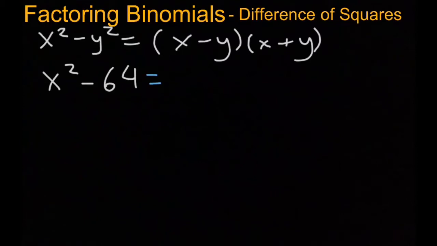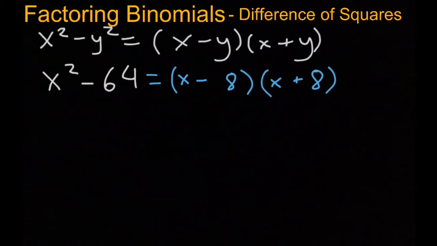When factoring this, you just want to get the square roots. The square root of x squared is just x, and the square root of 64 is 8. And then you want to have a minus sign on one side and a plus sign on the other side. And that's how you do it.